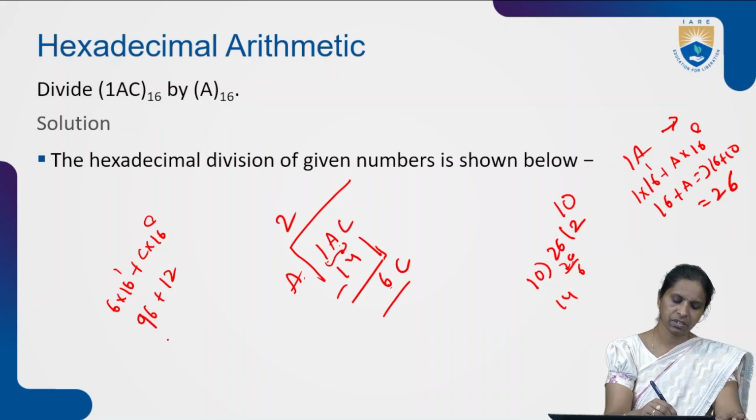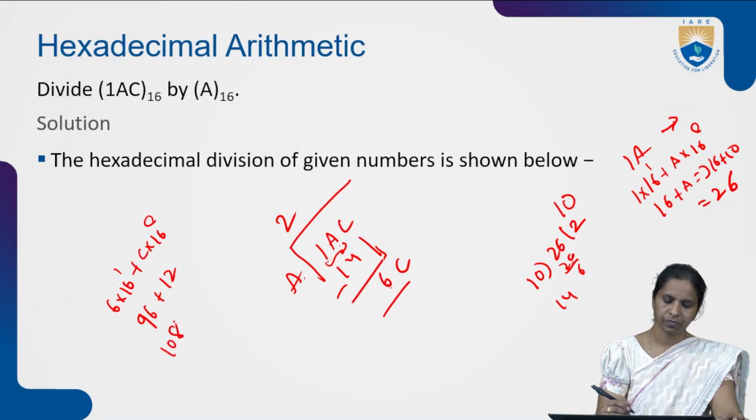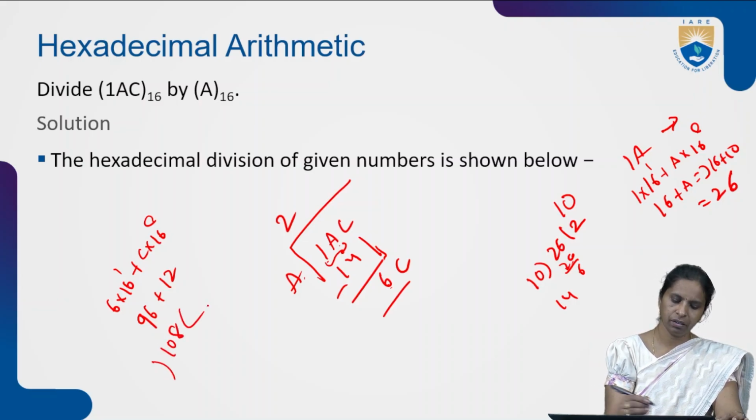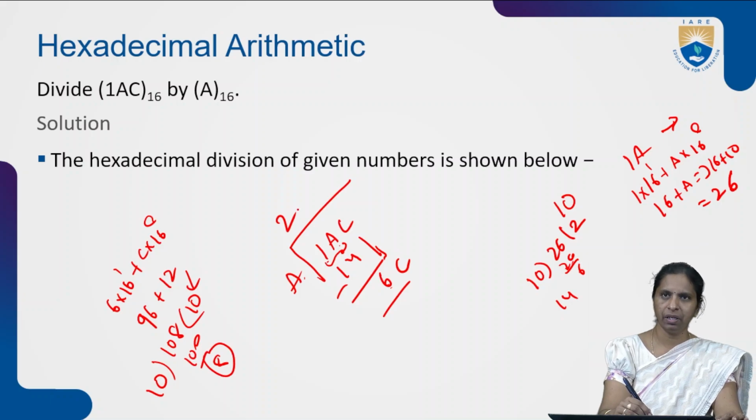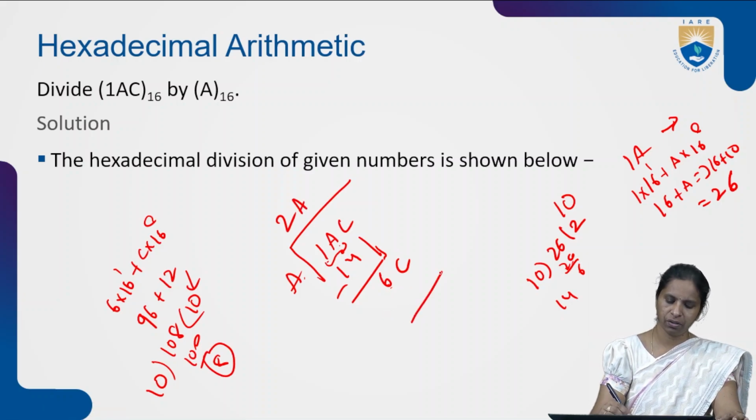And 96 plus 12 is equal to 108. So 108 divided by 10: 10 tens are 100, and the remainder is 8. In hexadecimal it is also 8 only.